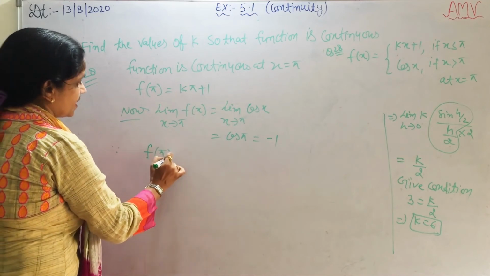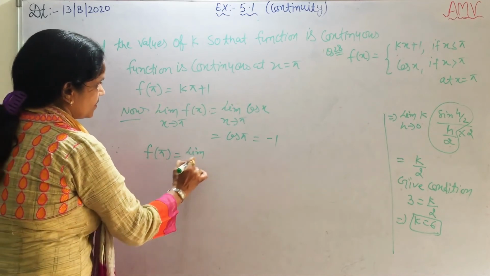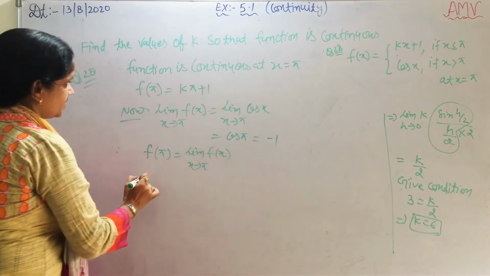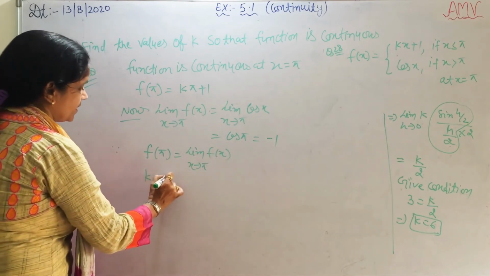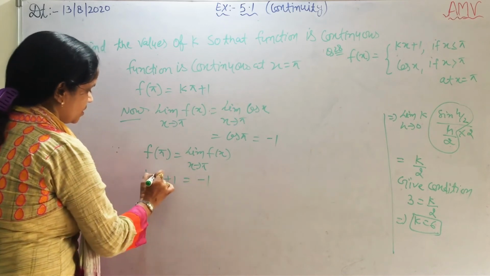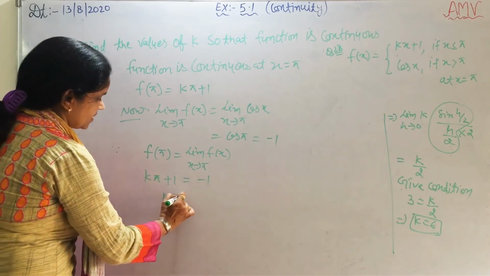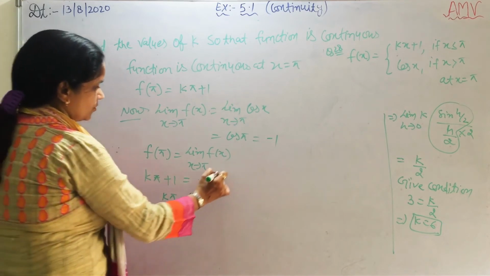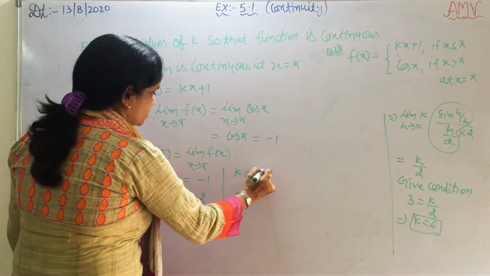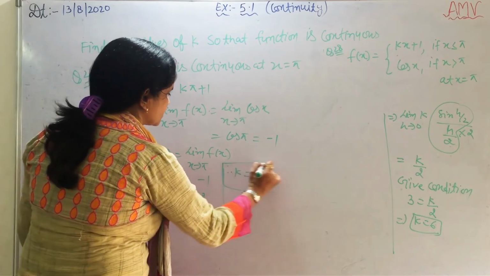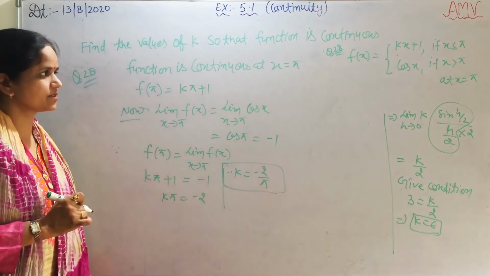Therefore f of pi is equal to limit x tends to pi of f of x. It is k pi plus 1 is equal to minus 1. Okay. So k pi is equal to minus 2 and k is equal to minus 2 by pi. This is the answer of this question.